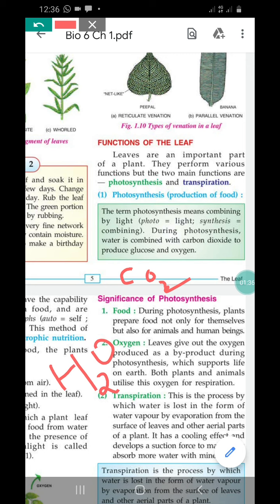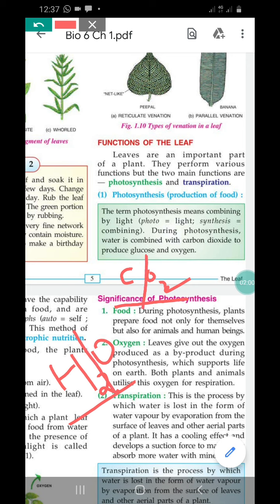Carbon dioxide is called CO2 and water is H2O. So, in this process of photosynthesis, what happens? The bond between carbon and oxygen is broken down.